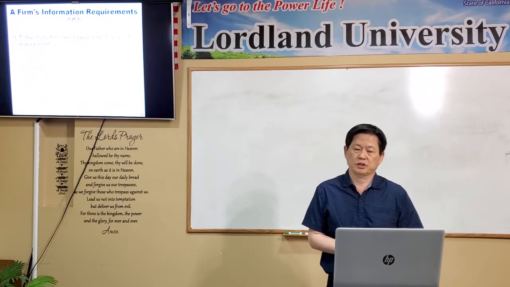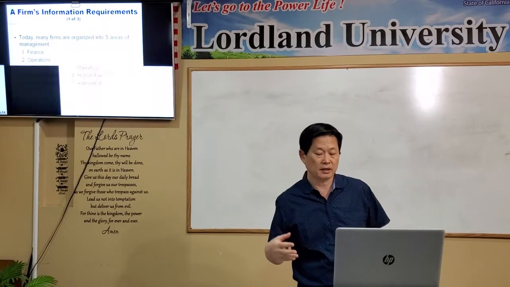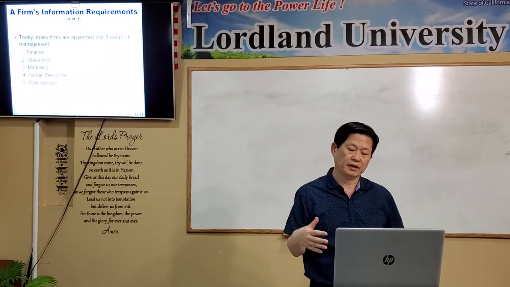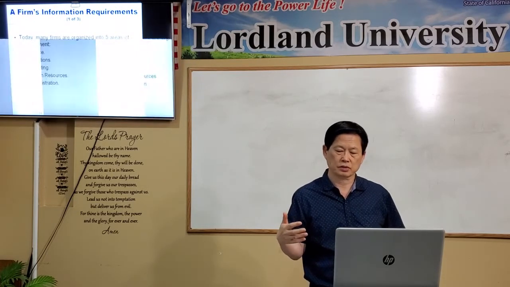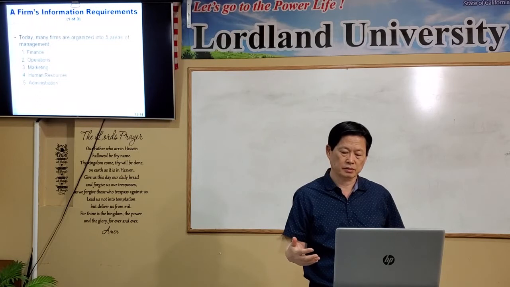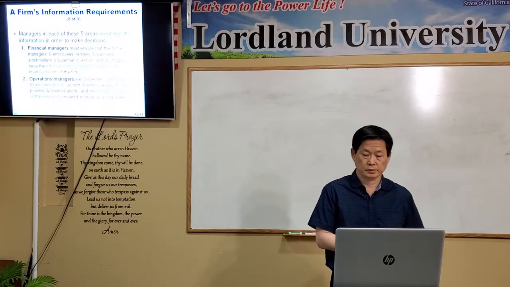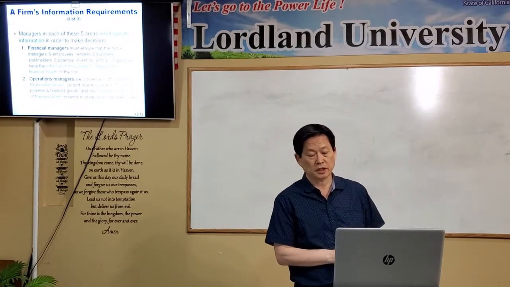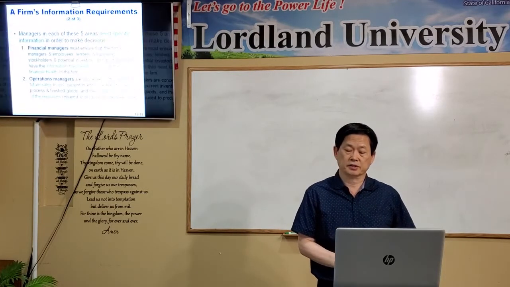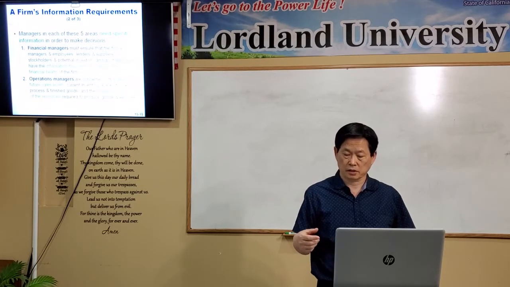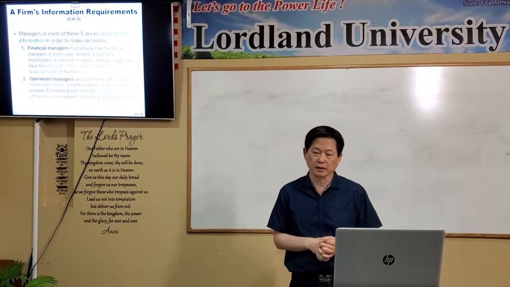A firm's information requirements: today, many firms are organized into the following five areas of management: finance, operation, marketing, human resources, and administration. The managers in each of these five business areas require specific information in order to make better decisions.